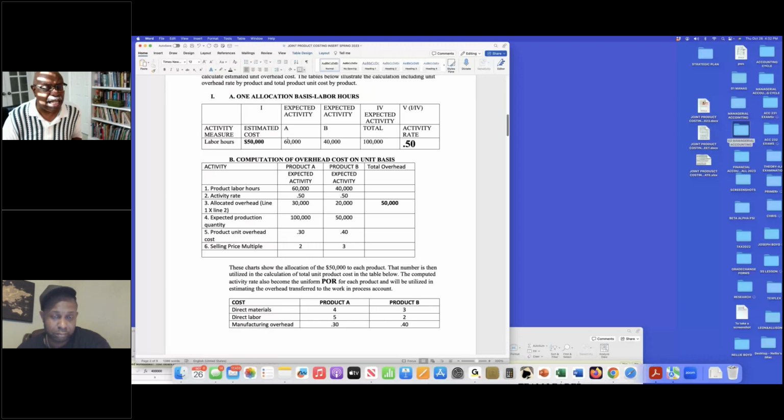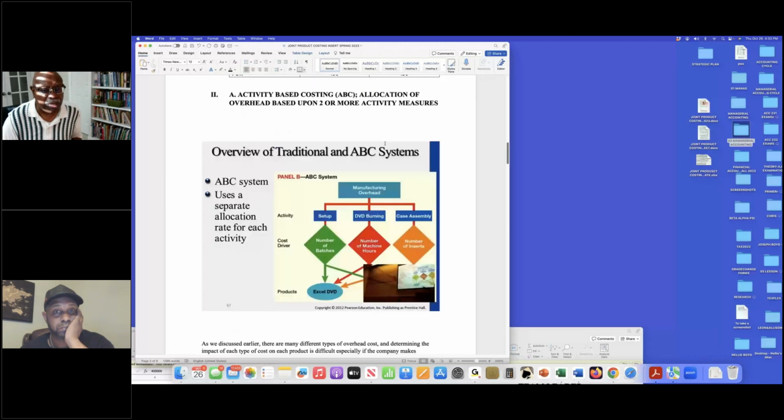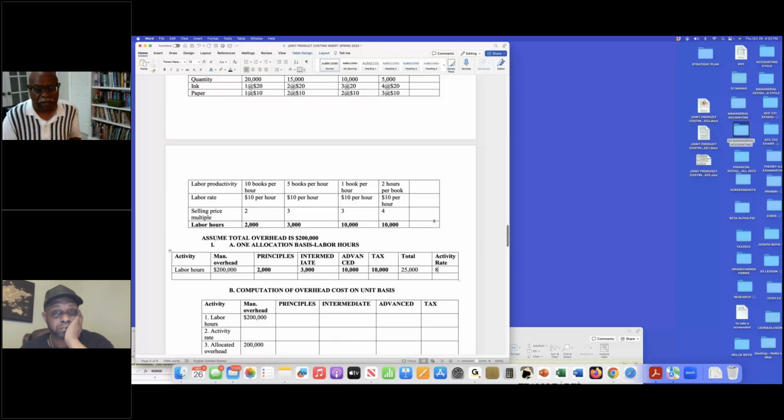So we're always dividing the dollars, the first column, by the total. Got it? So whatever is here is in the numerator, whatever's here is in the denominator. So when we get down here with our books, it's going to be 200,000 divided by 25,000, and we get 8.